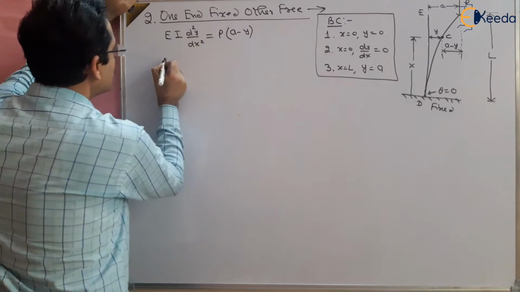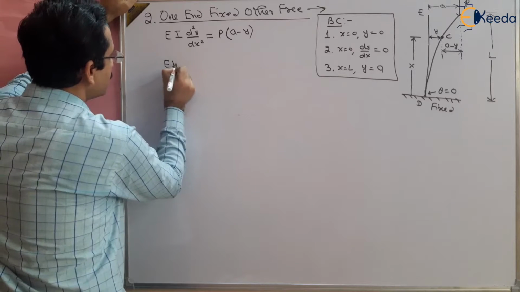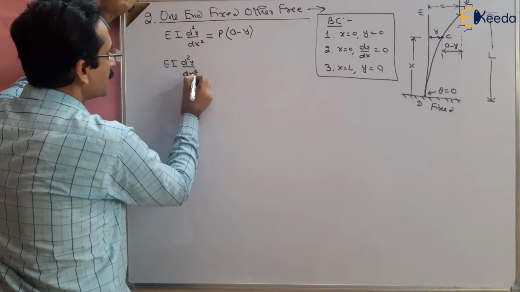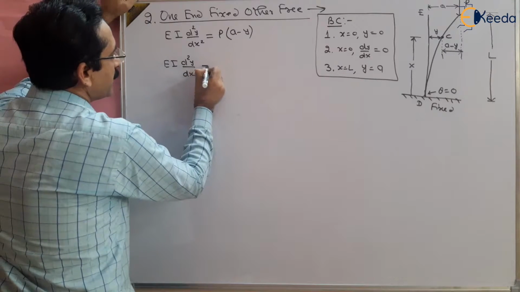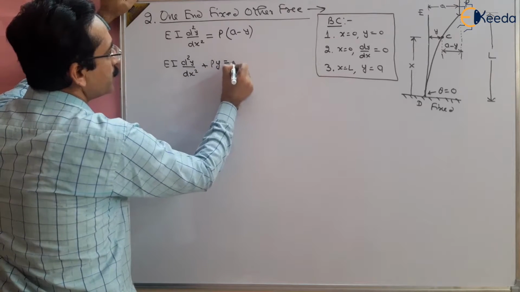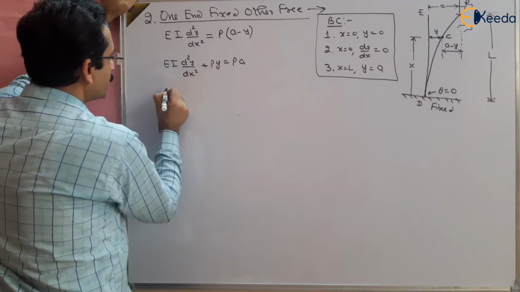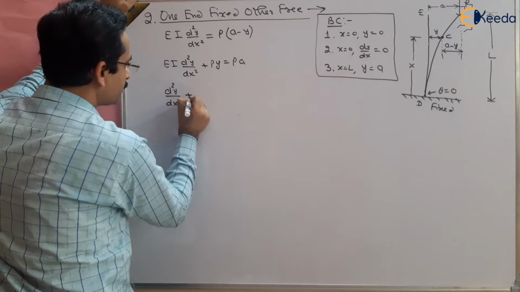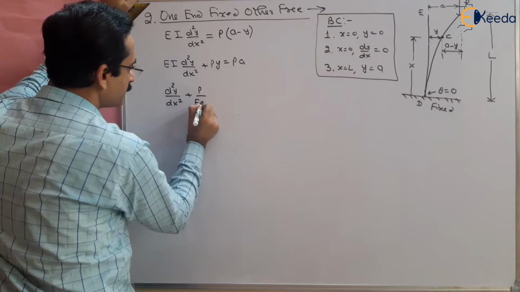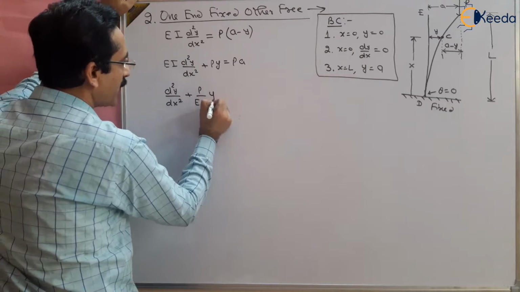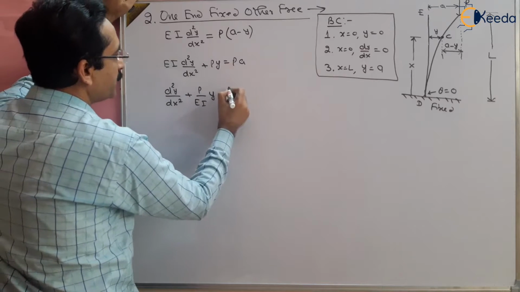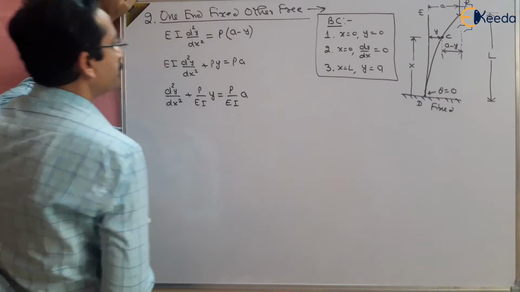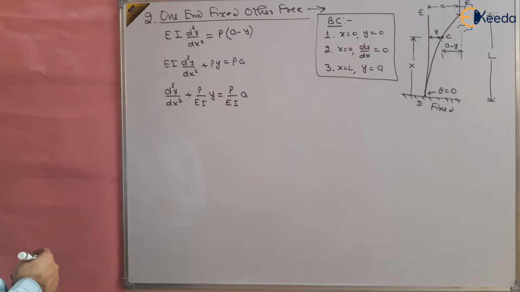So from here we can solve it: EI d2y by dx square plus Py equal to PA. So d2y by dx square plus P by EI y is equal to P by EI multiplied by A, right?